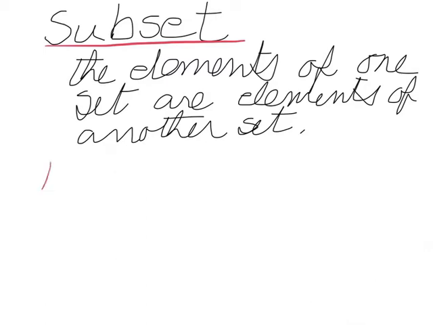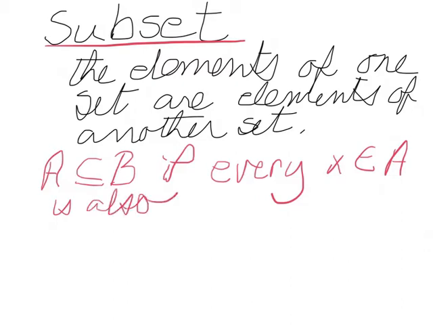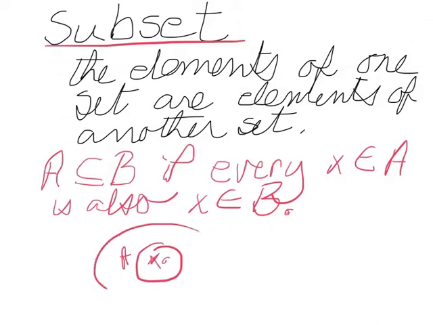The way we would do that is we would say A is a subset of B if every X an element of A, so every whatever it is, any element of A, is also X an element of B. So what we mean by a subset is if we have a set A here, and it has some element X, then that X also has to be an element of a set B. Visually, this is what it looks like.